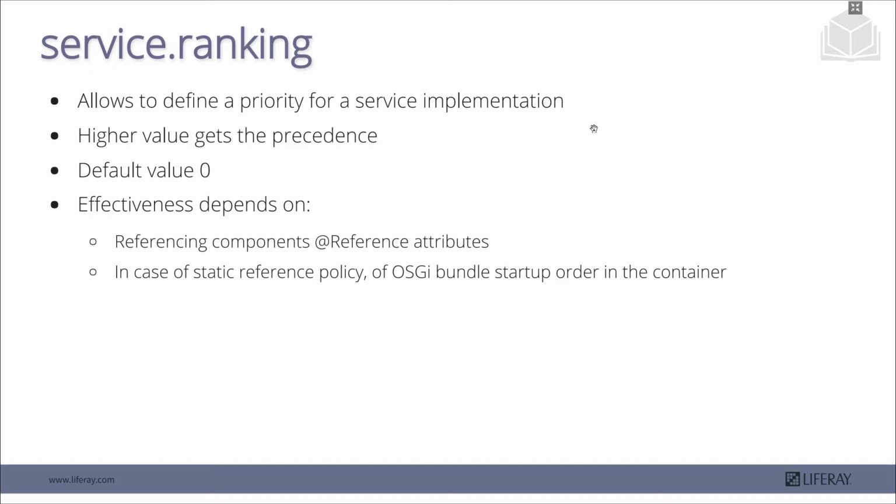The closer you are to 0, the lower your chances are of being selected. The bigger the number, the higher integer is the one that's going to be selected. Of course, this has some variables within it. By default, the value is 0.